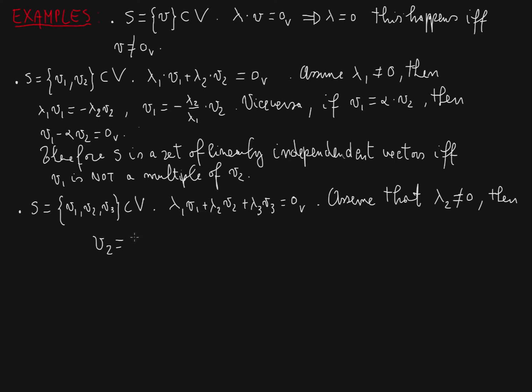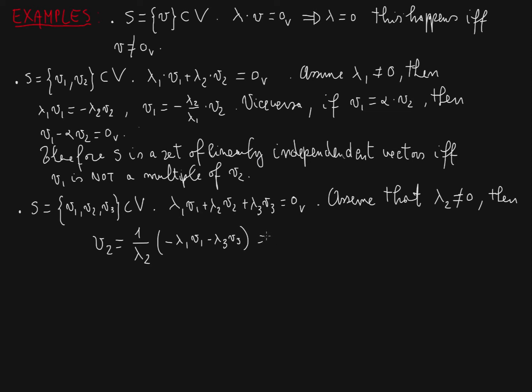I have to divide by lambda 2, which I can do because it is non-zero by assumption. 1 over lambda 2 multiplies negative lambda 1 v1 negative lambda 3 v3.